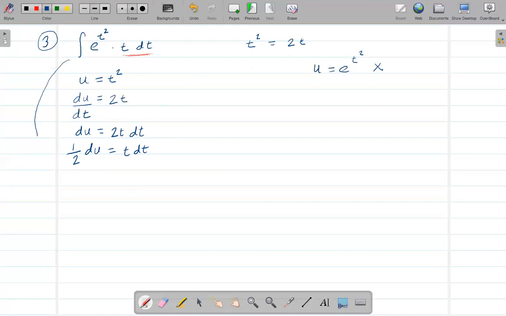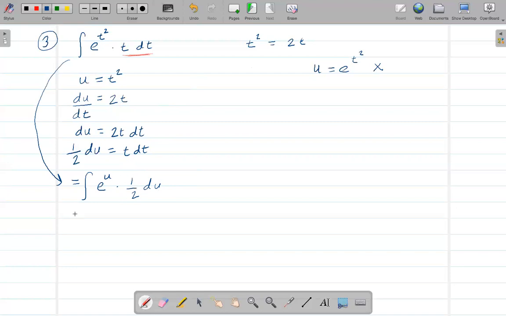So that means for this equation, we'll get a new equation using the substitution technique. Here we will get e to the power t squared is e to the u. That's what we said here, right? t squared is u. And this whole thing, t dt, is 1/2 du, right? And the reason I need u here is that I need to take the integration in terms of u, right? Now, this is just a number.